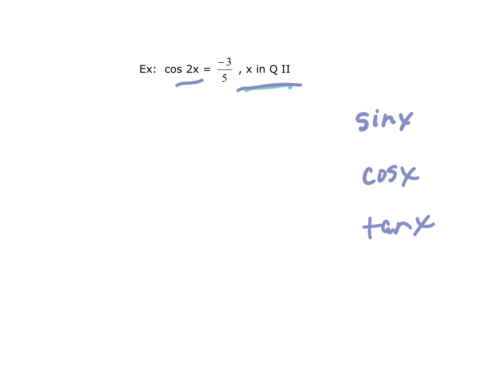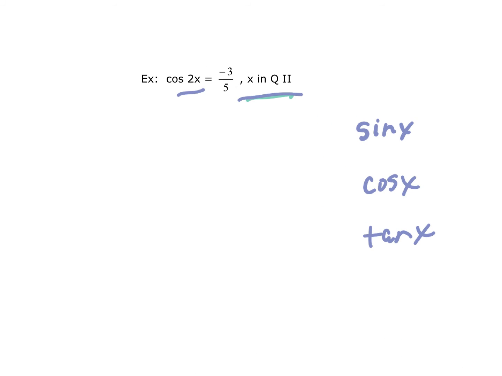All right, so we're given the cosine of the double angle. If you go back and look at the formulas, I prefer working with this one. I don't know why, just mathematically it looks nicer, I think. So I prefer the 2 cosine squared x minus 1.